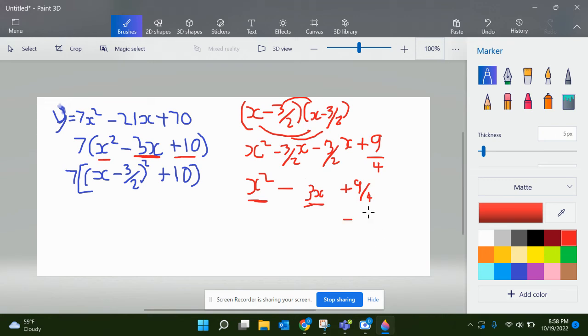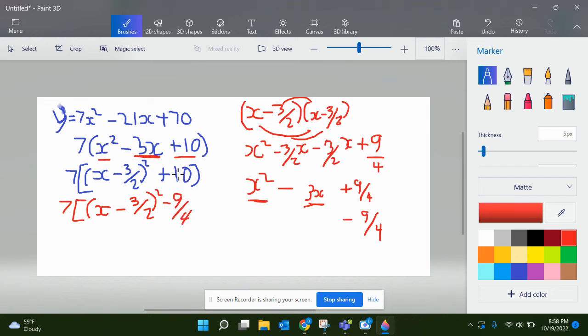Okay, so I'm going to have to subtract 9 over 4. Okay, so I'm going to say x minus 3 over 2, close the bracket and put the little 2. Minus 9 over 4.